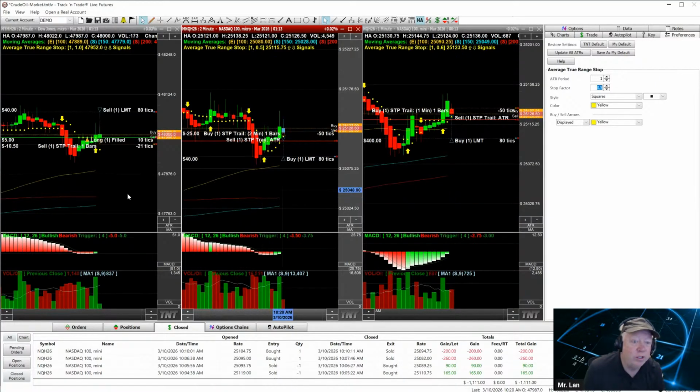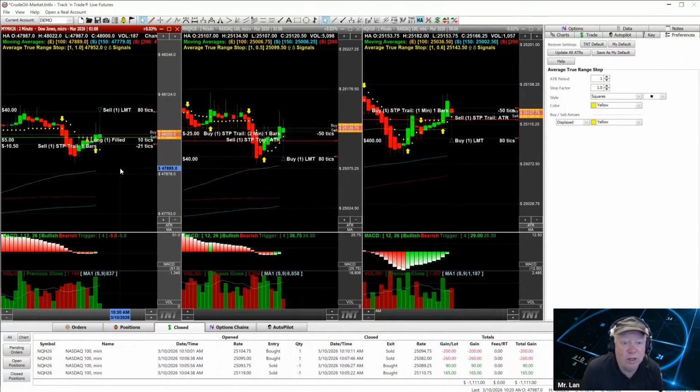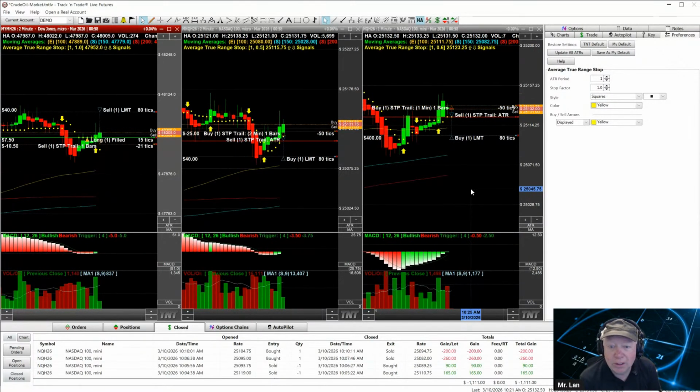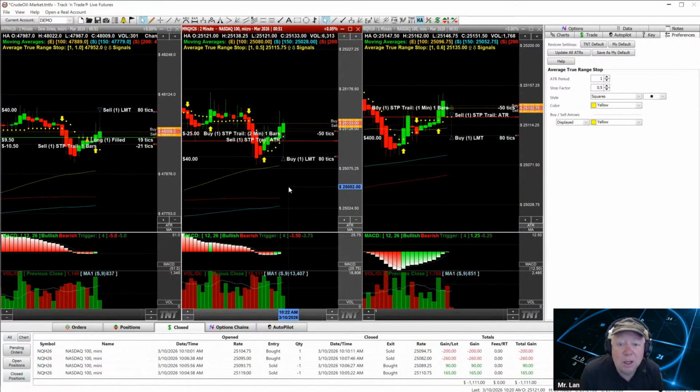This one's a 2-minute chart over here. Oh, we got to wait 1 minute and 11 seconds for this one to get a new price bar. I thought we put them all on 1 minute. Okay, see it jump? How come this one didn't jump? Oh, is this one price bars back?